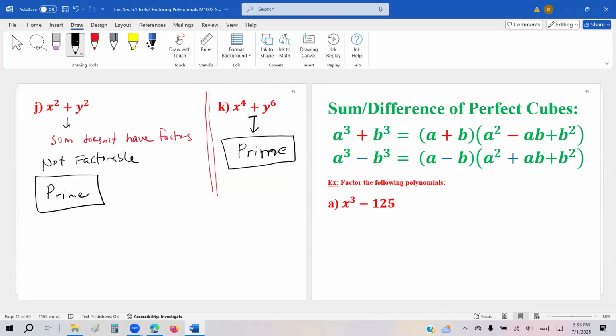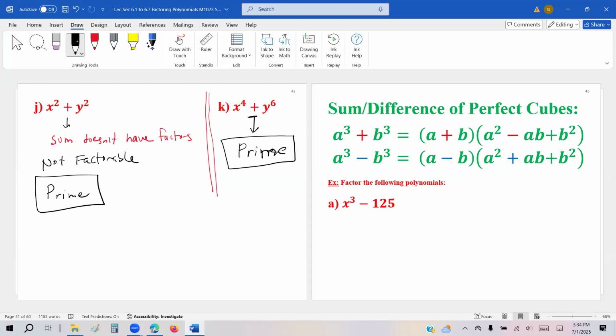Like the way we have difference of perfect squares, we have sum or difference of perfect cubes. The first formula is the sum of perfect cubes. When you have two perfect cubes, you add their bases, and then you do a squared minus ab plus b squared. When you have difference of perfect cubes, you subtract the bases, and then you add everything else.